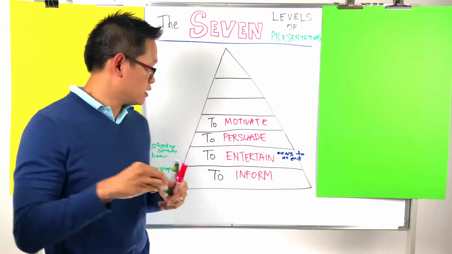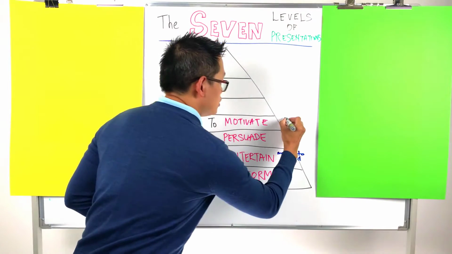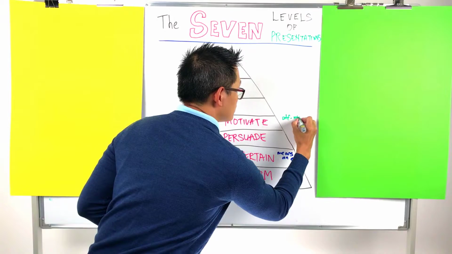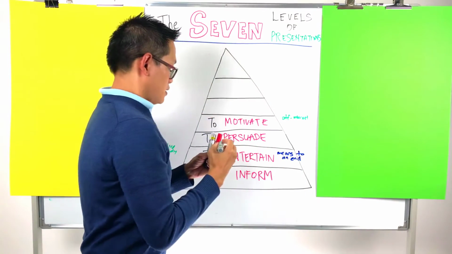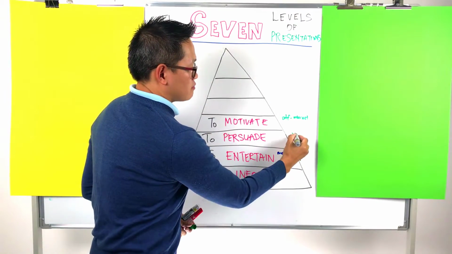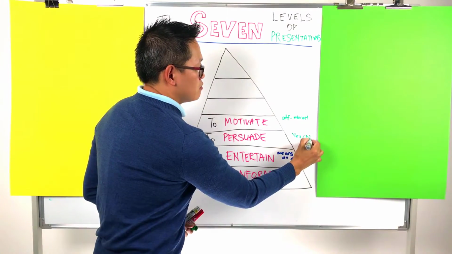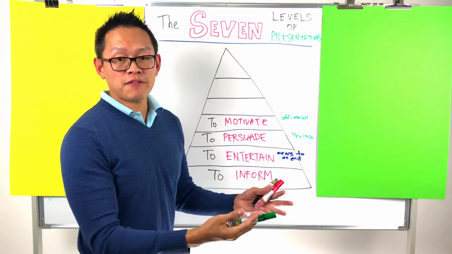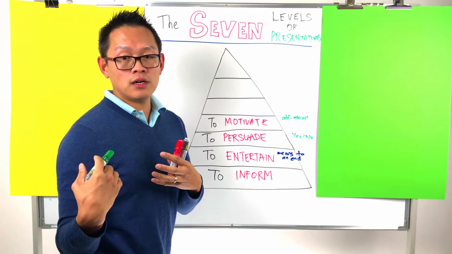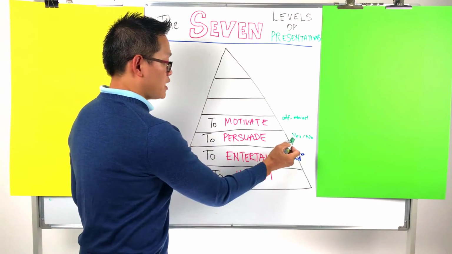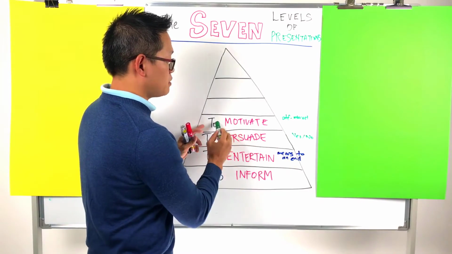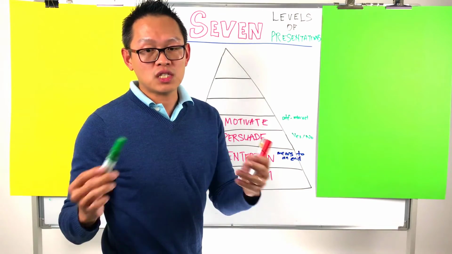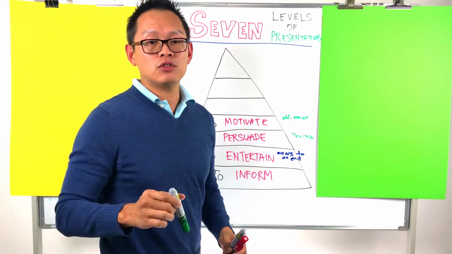So I want to write down here, this motivation is usually for your own self-interest. Persuade, yes and maybe no, for your own self. They just want to persuade and convince you by laying out the facts for you to say yes or no, to persuade you to buy something, but to motivate is mainly for your own self-interest, for you to discover what is the self-interest for you.